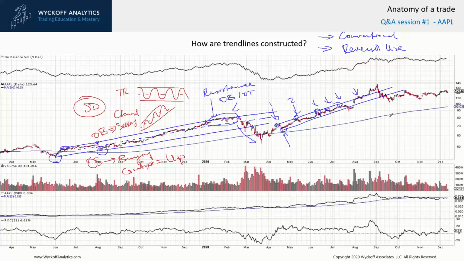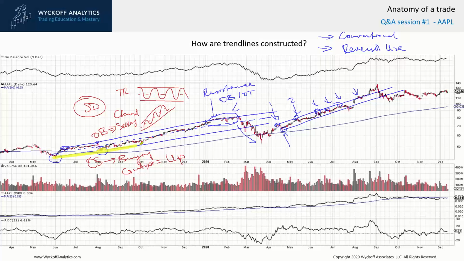Well, for me, keeping it straight in a downtrend, it's exactly the opposite. So a reverse use of a trend line in a downtrend would be connecting the lows first and using that as your initial line, and then drawing the parallel line off of a significant high.